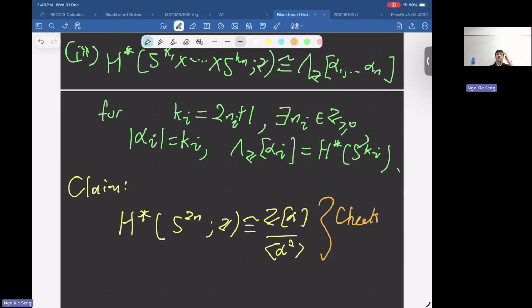Okay, so what I wanted to tell you was that by the Künneth formula, the cohomology ring of a direct product splits into the product of the cohomology rings. You might be expecting something more complicated, no, we have something even simpler.